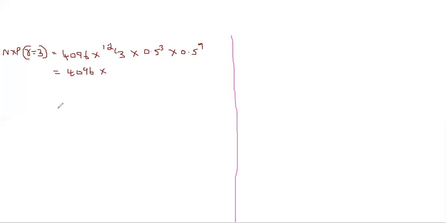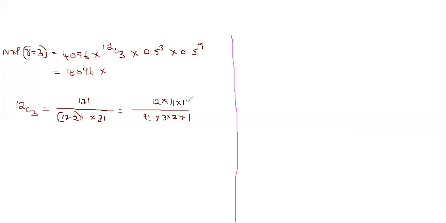12C3 we need to find out. 12C3 is equal to 12 factorial divided by 12 minus 3 factorial into 3 factorial. 12 minus 3 factorial is 9 factorial, and the smallest one, 3, I'm going to expand: 3 into 2 into 1. 12 I'll expand up to 9 factorial: 12 into 11 into 10 into 9 factorial.